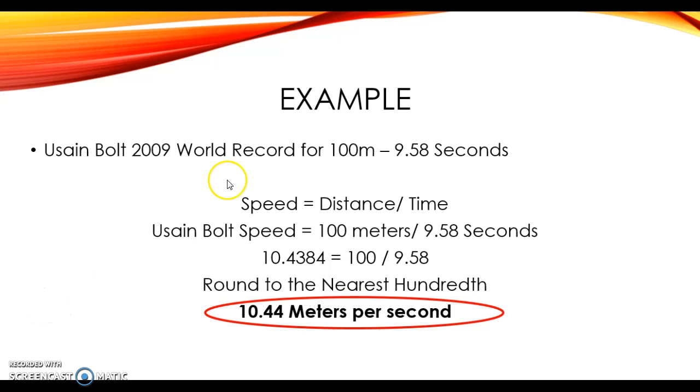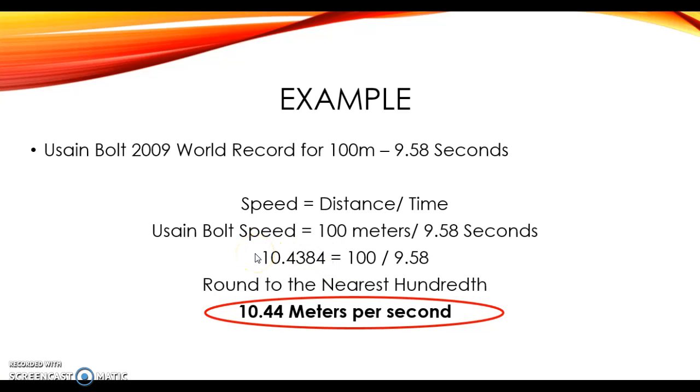This is what we're going to do. We have our original formula here, speed equals distance divided by time. I'm going to plug in our 100 meters for distance and 9.58 seconds for time. Now, if you punch this in the calculator, 100 divided by 9.58, you'll get a pretty lengthy number. I've even shortened it a little bit because I didn't want to write all those.